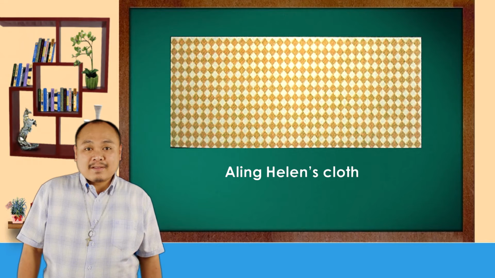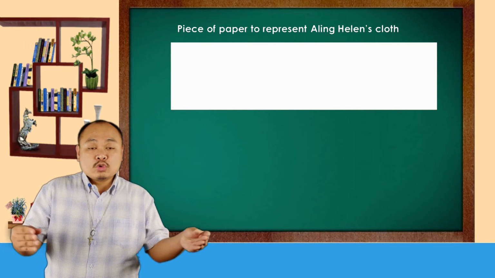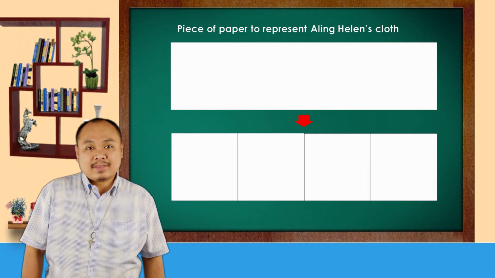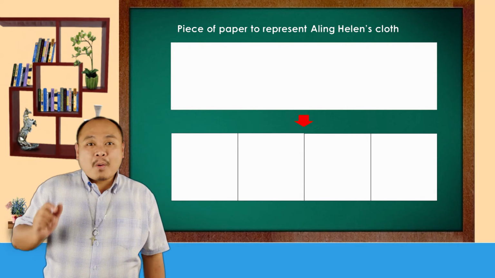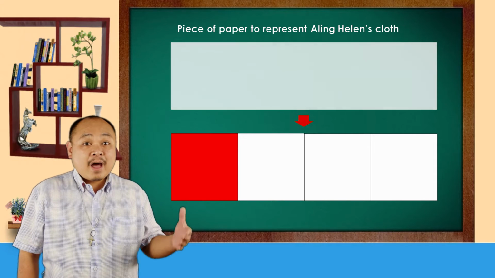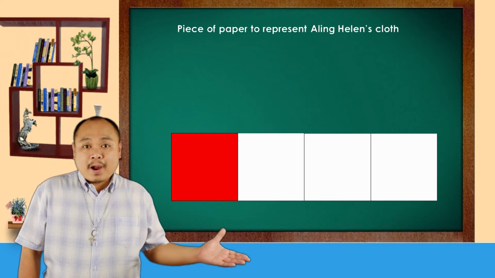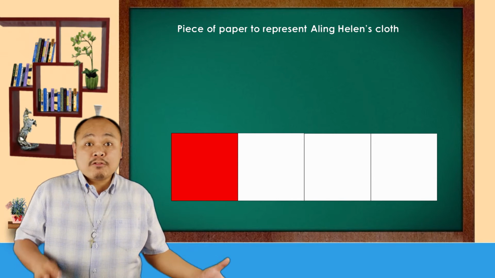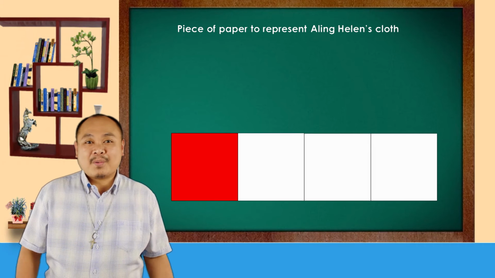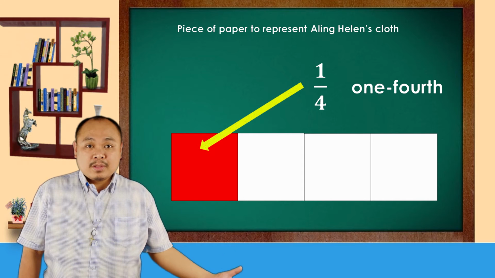To represent the cloth, let us use this piece of bond paper and divide into 4 equal parts. Let us color one part with a red crayon. This is how it would look like. The shaded part is one part out of 4 equal parts, or 1/4. 1/4 is called a fraction.